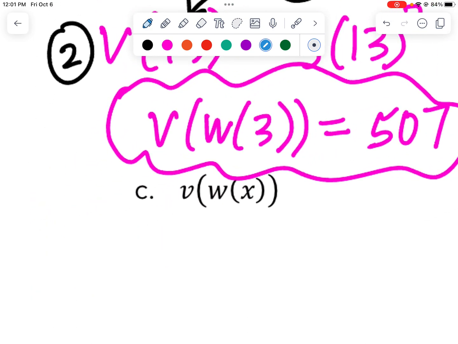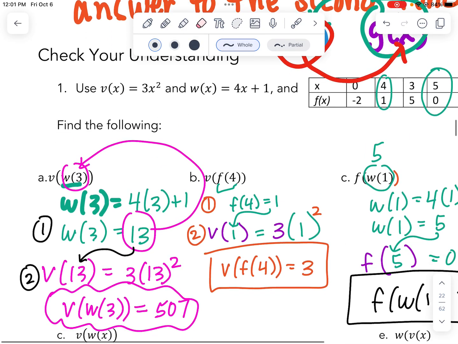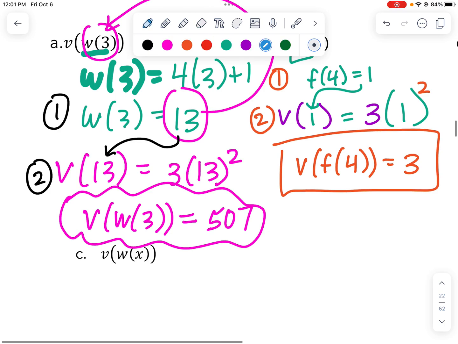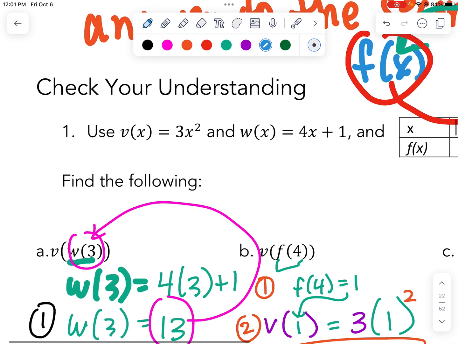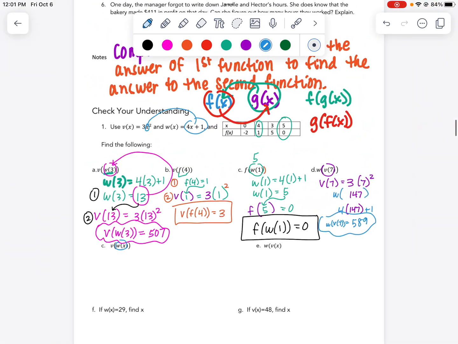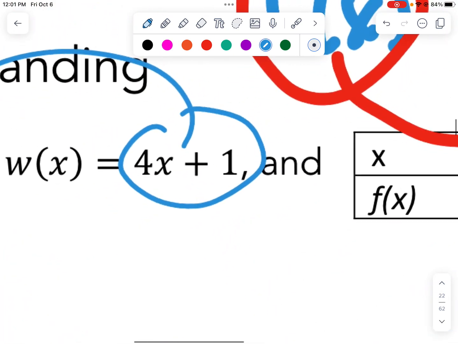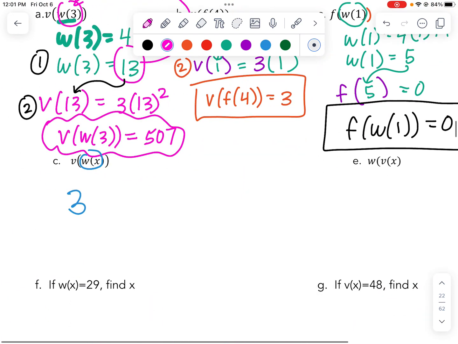Okay, what about when we plug a function into a function? So if we have v of w of x, I'm going to kind of erase up here. All right, v of w of x means we start with the w of x function, and we're going to plug it in for this x right here. So I'm just going to rewrite the whole thing. So we would have 3. Instead of the x, we're going to plug in what w of x equals, 4x plus 1.